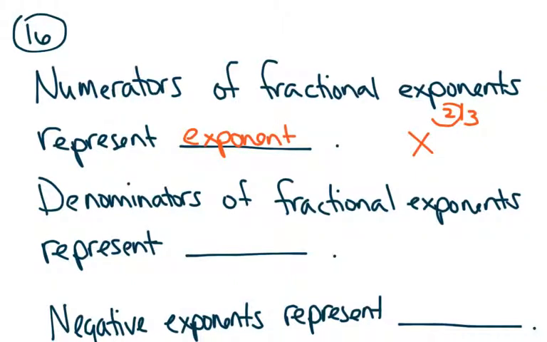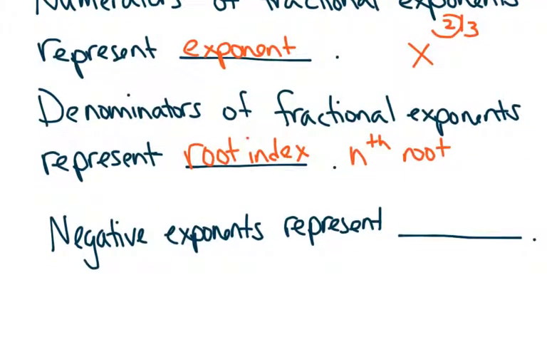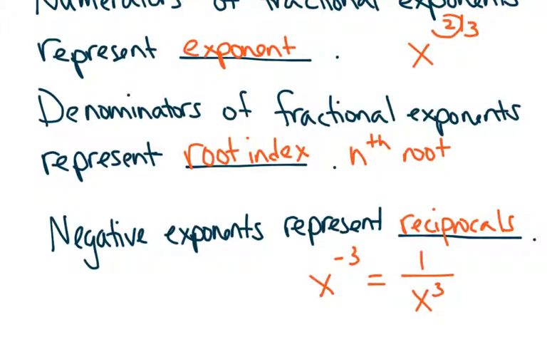The denominator of the fractional exponent represents the root index, or you can say that it represents the nth root. Negative exponents represent reciprocals. Because if you have x to the negative third power, it's the same as 1 over x to the third. It's just the reciprocal.